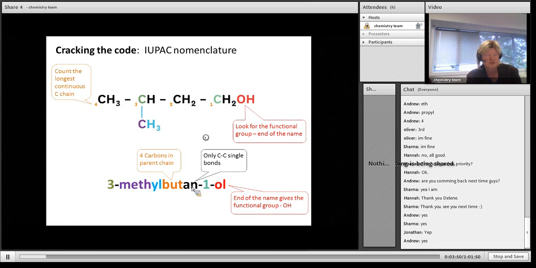And of course, it would have to have a number to tell me where the double bond is as well. So the an, if it has an in there, it's single bonds. If it's en, it's double bonds. If it's yn, it's an alkyne. You don't do alkynes at level 3 though.